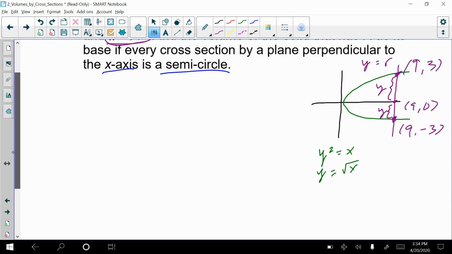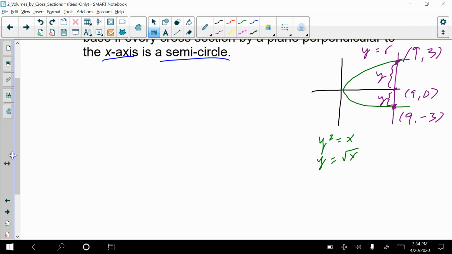And the area of a semicircle is 1/2 pi times the radius squared. Well, in this case, the radius is whatever we have for y. So I can say r is equal to the square root of x.